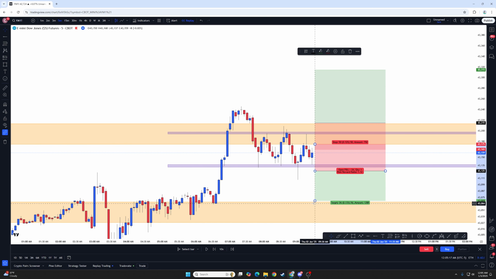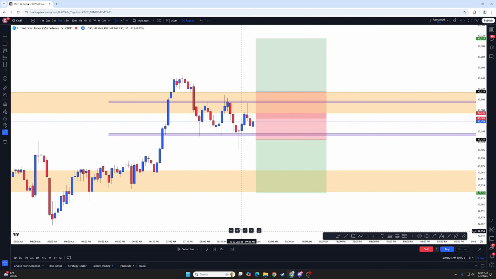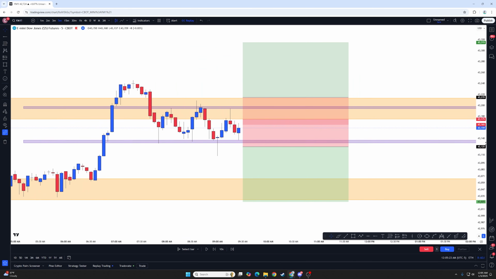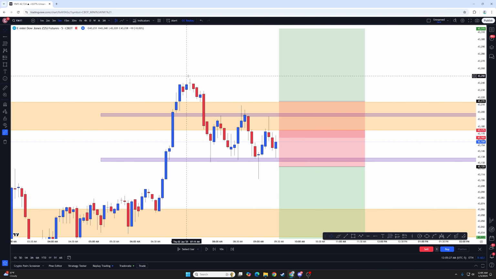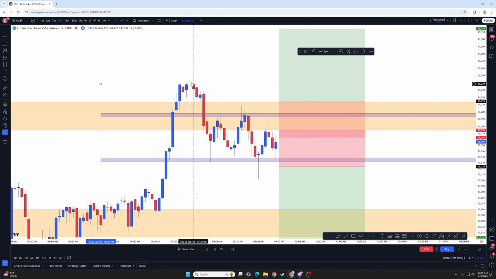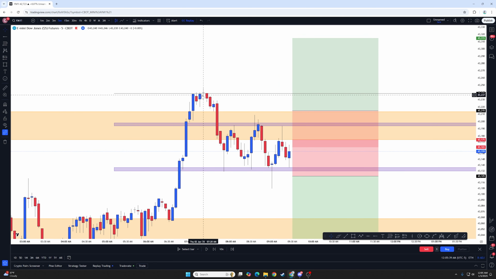And I'm going to explain why and what I like to do. So I prepare for both sides of the market, and then I see what could potentially get in the way of my trade when I enter. I just use the horizontal ray to mark it. If I were to get entered into buys, this level around here could potentially get in the way of my trade.